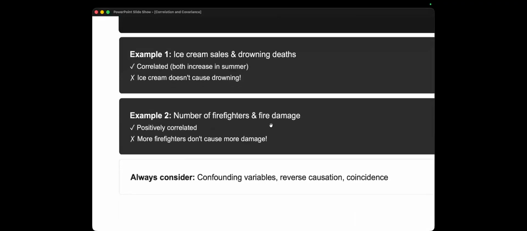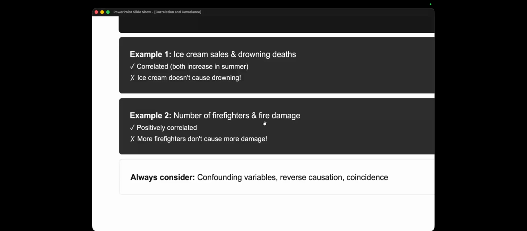So this is what I mean here. Number of firefighters and fire damage. They are positively correlated. So if we have higher fire damage, we will get more firefighters trying to reduce the problems, the issues. But does it mean that the firefighters are causing more damage? No, it doesn't mean that.